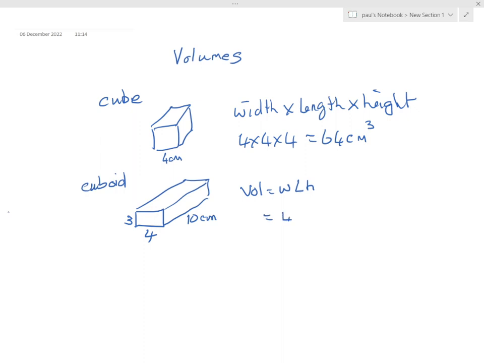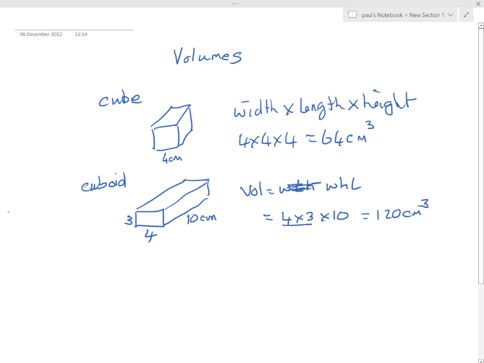So we've got 4. Let's do it the other way around. Yeah, let's do the width and the height and the length. So 4 times 3 times 10. 4 threes are 12 times 10 is 120 centimeters cubed.